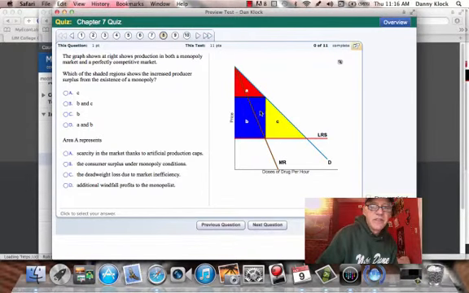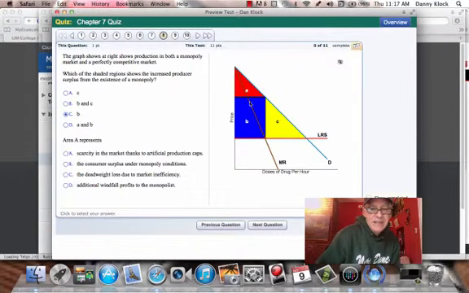So their surplus is this blue area. And in a perfect competition, it would sell where demand meets the long run supply curve right here, and the price would be lower. So B is the surplus that a monopolist gets.